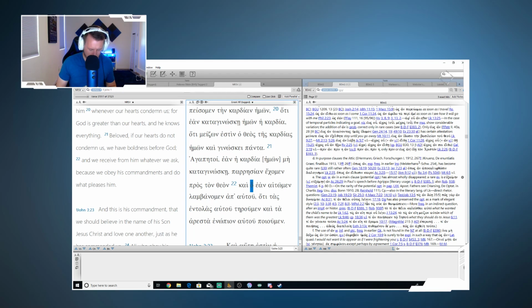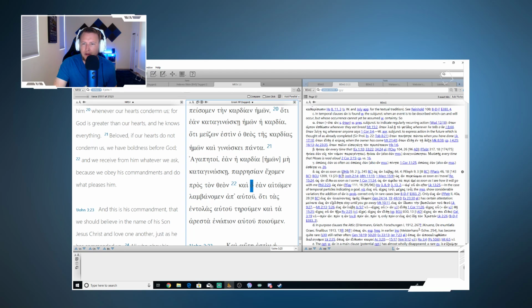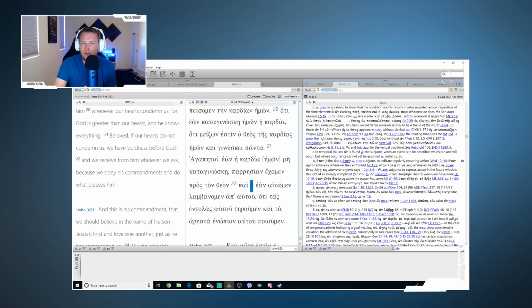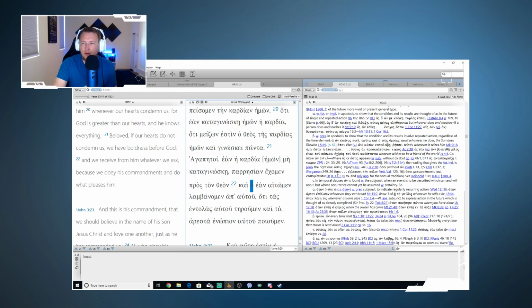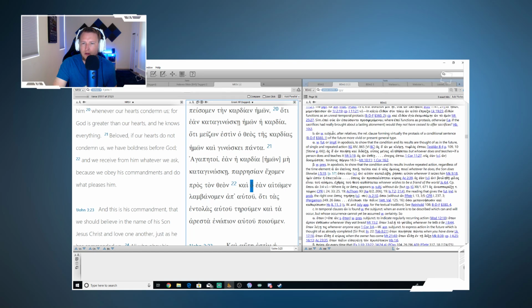Okay, so this is the force that we're going to deal with here. With the subjunctive after relatives, the relative clause forming virtually the protasis of a conditional sentence. Okay, so relative clause is protasis.